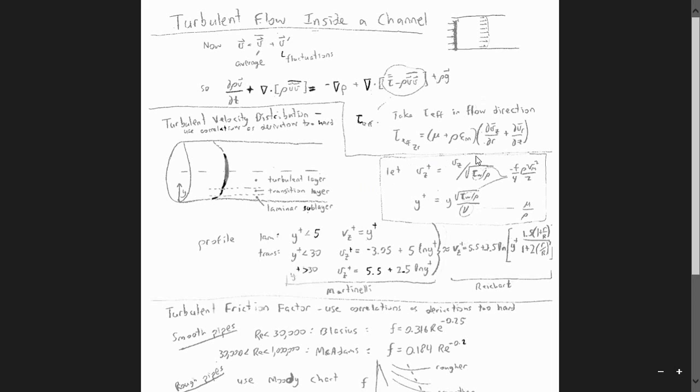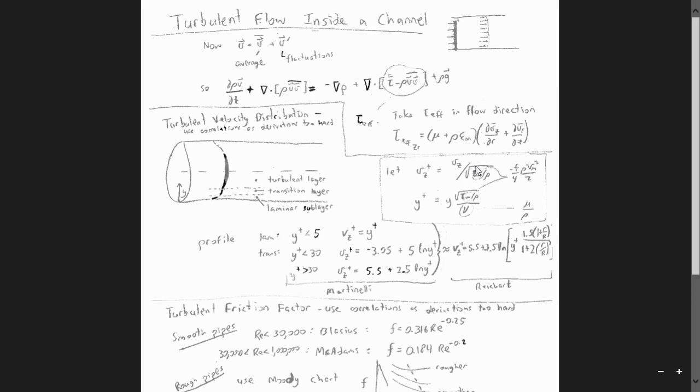And then we're going to make two definitions. We're going to have our z velocity plus and our y coordinate plus. Vz plus is defined as our actual z velocity divided by the square root of the wall shear stress divided by the density.